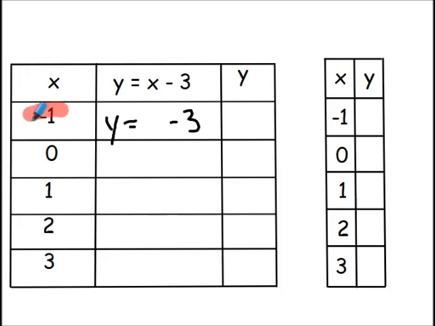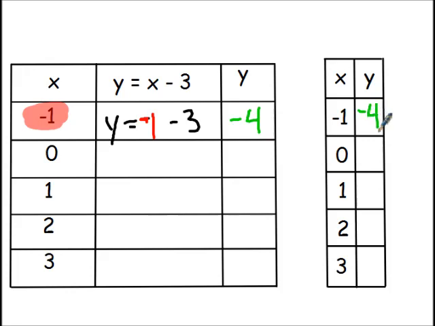And here our x value is -1. So we're going to substitute a -1 in for x. -1 minus 3 will give us a y value of -4. So when x is -1, y is -4.